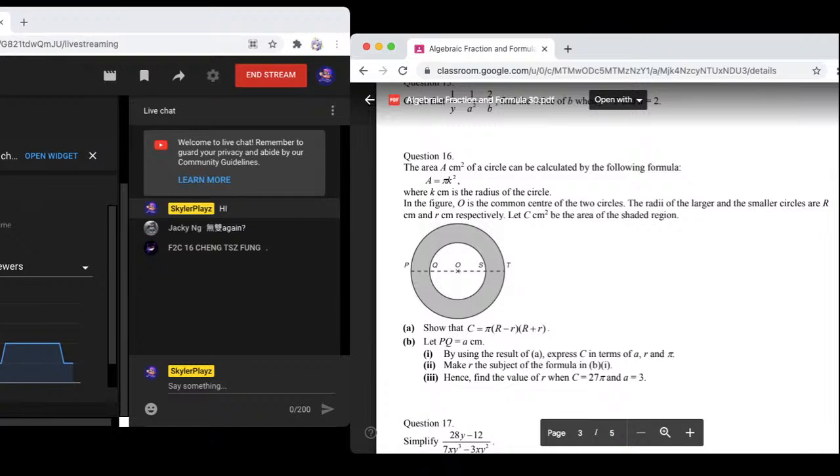Radius. Yes. R is just R and then A plus. Oh, I know. Because R is equal to A plus r. So just substitute. Put this into the result in A.